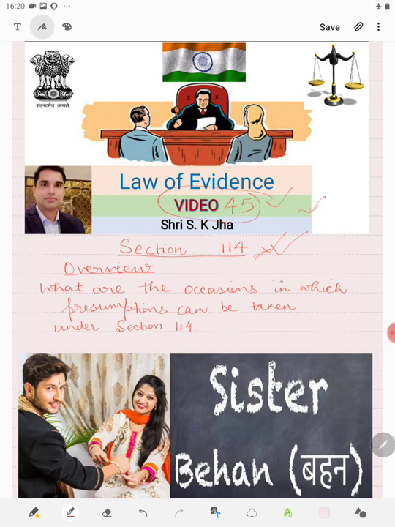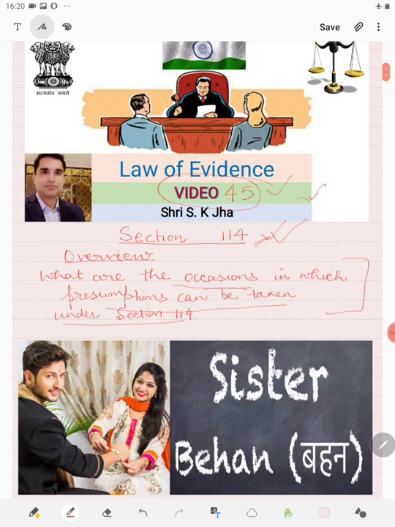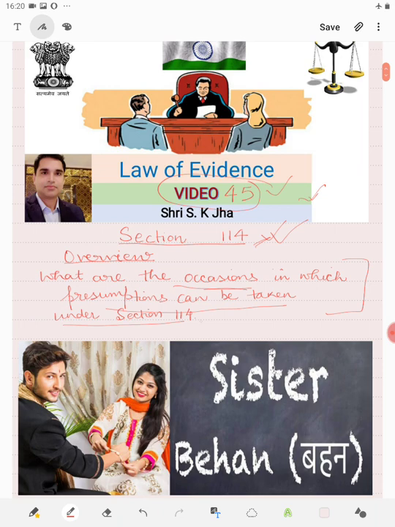The question which can be framed from it is: what are the various occasions in which presumptions can be taken under section 114? That is, what are the various circumstances where under section 114 presumptions can be taken?